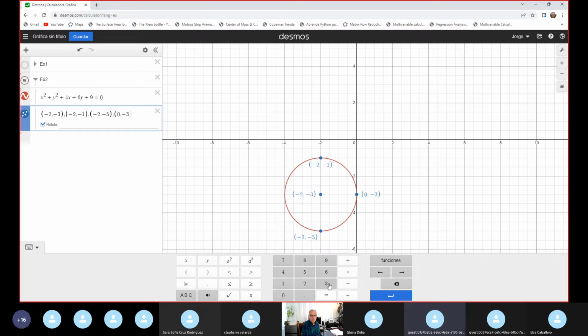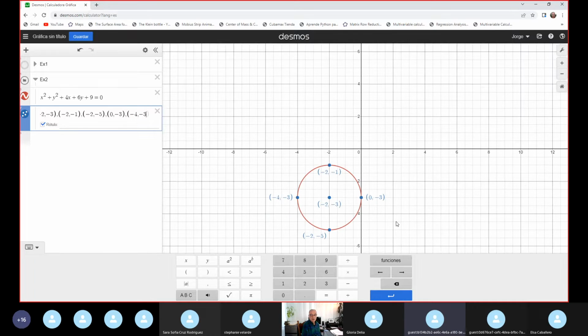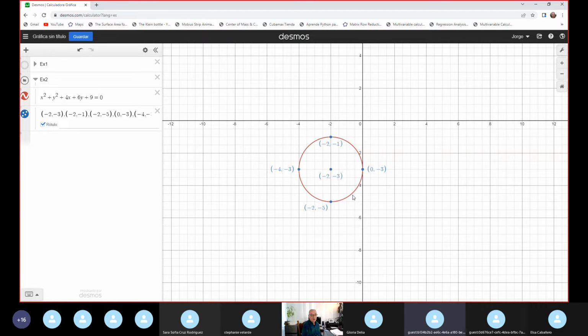And to the left is open parentheses negative 4 comma minus 3. Okay, super.